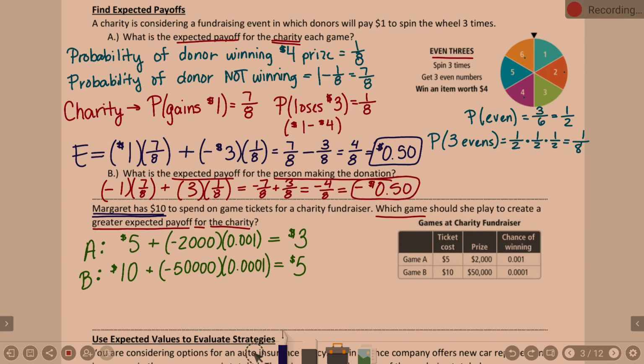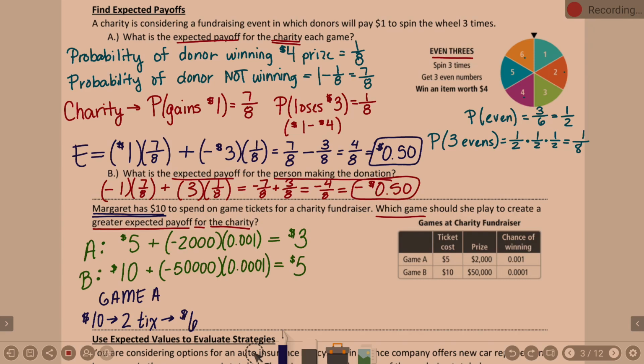Okay, so the idea is, with game A, she has $10 to spend, right? $10 will buy 2 tickets on game A, and if she buys 2 tickets, ultimately the charity is going to wind up earning $6 if she plays the game twice, right?